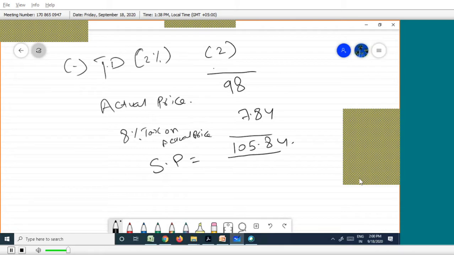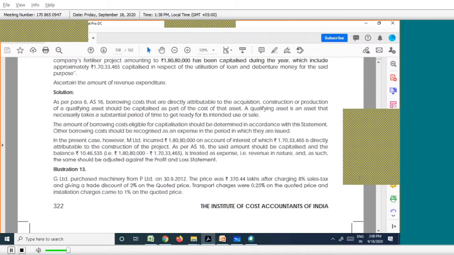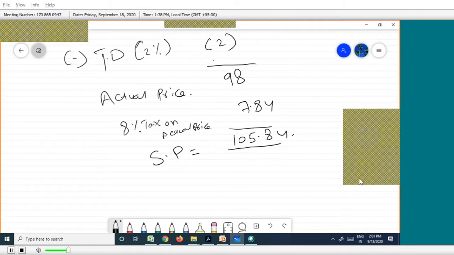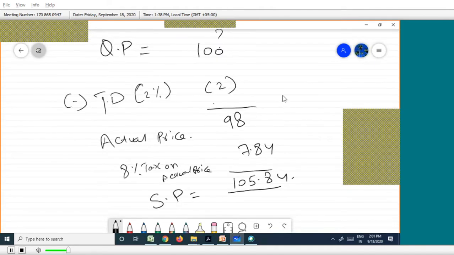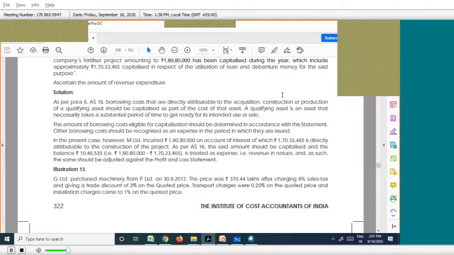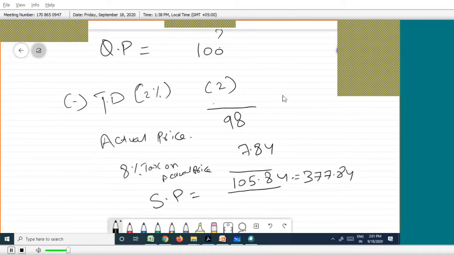So this 105.84 is equal to 370.44 lakhs. That is what I am trying to explain.